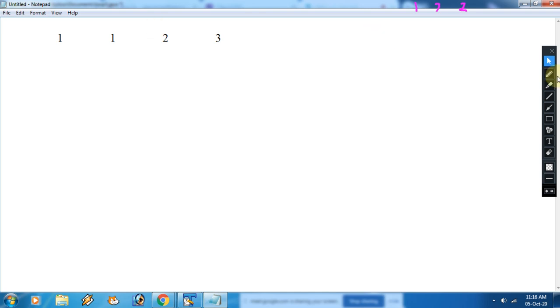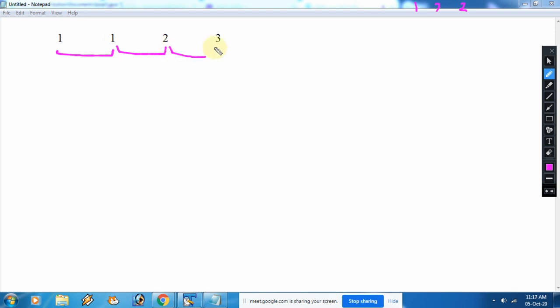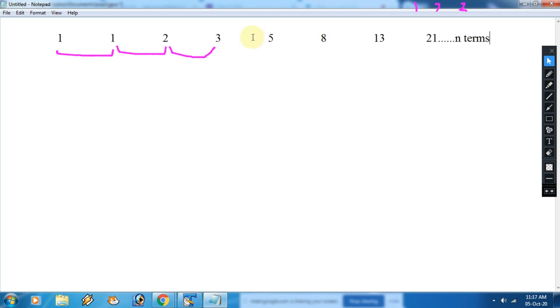So now the program which comes in that category, see here, this 1 plus 1 is coming 2, then 1 plus 2 is coming 3, 2 plus 3 is coming 5, then next term 5 plus 3 is 8, then 13, then 21. So this type of series in which there is no common difference.